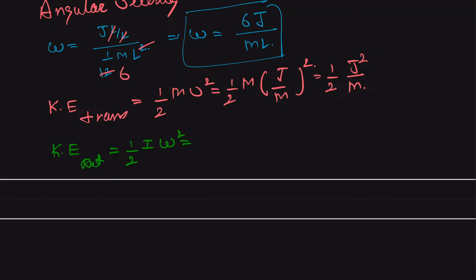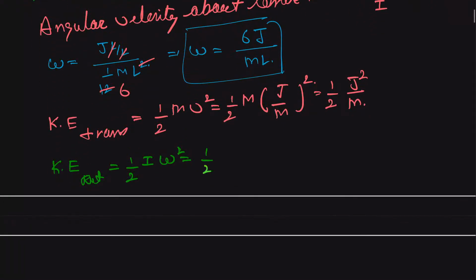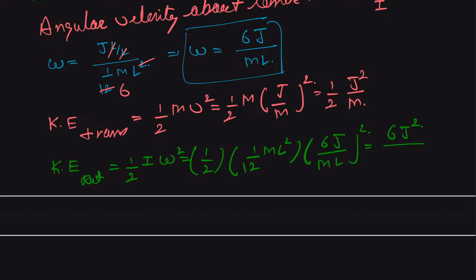We already know the moment of inertia is 1 upon 12 m L square, and omega we just calculated is 6 J upon m L, so whole square, and this will give us 6 J square upon m.